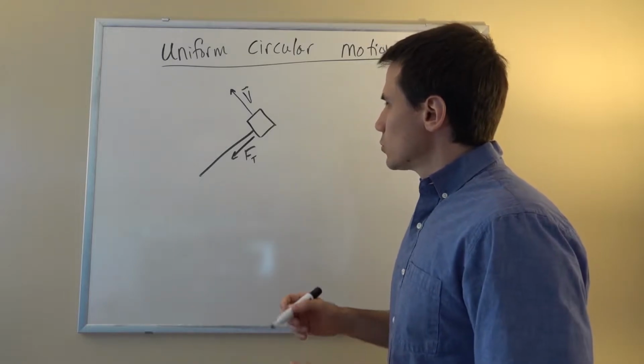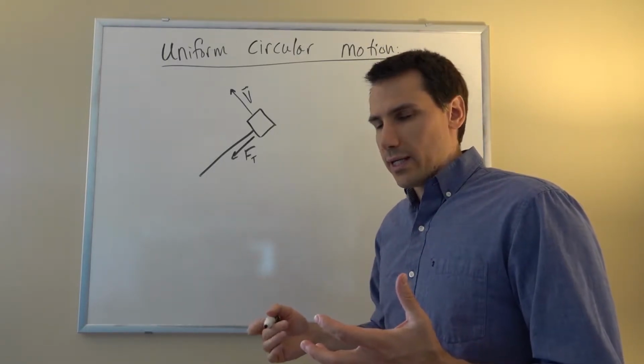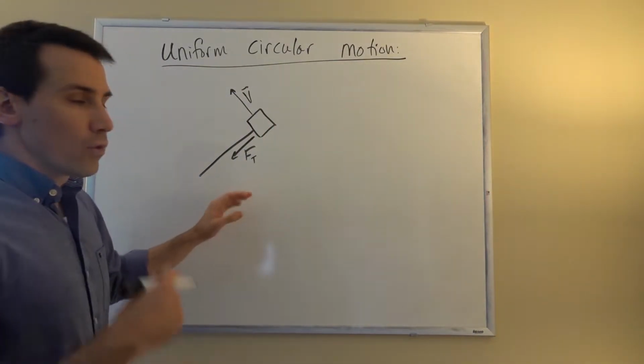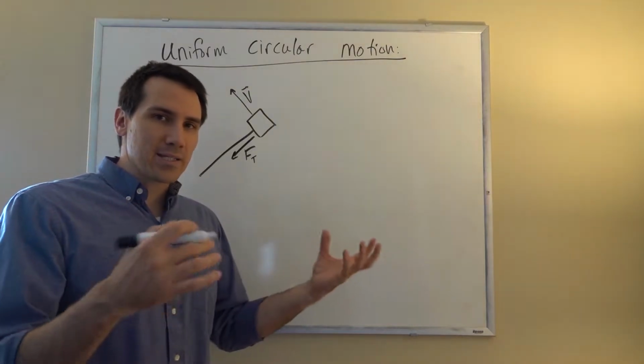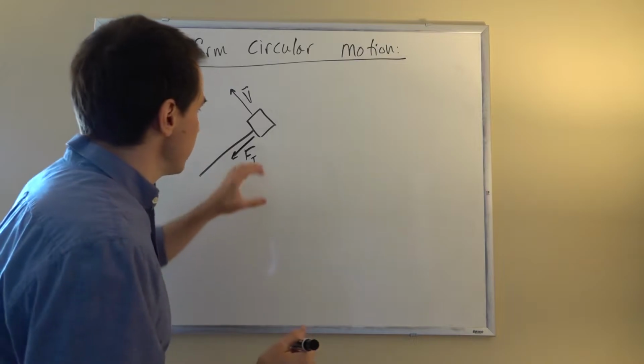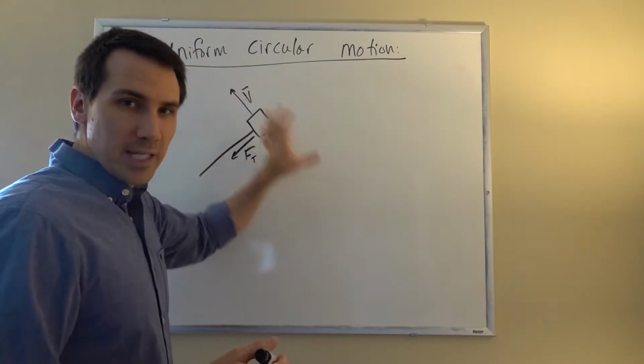Okay, so just a little terminology so that we can discuss this more fluidly. Instead of using, say, X and Y, we want to be able to talk about things that point towards the center of motion or things that are perpendicular to that.